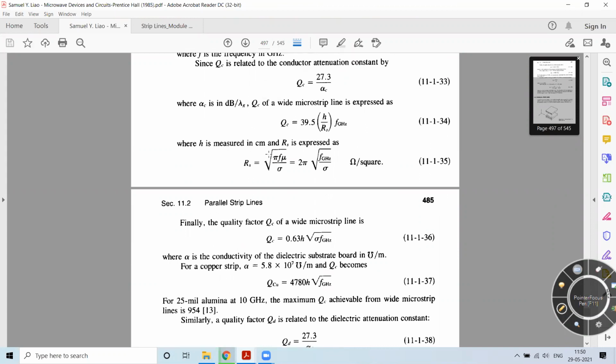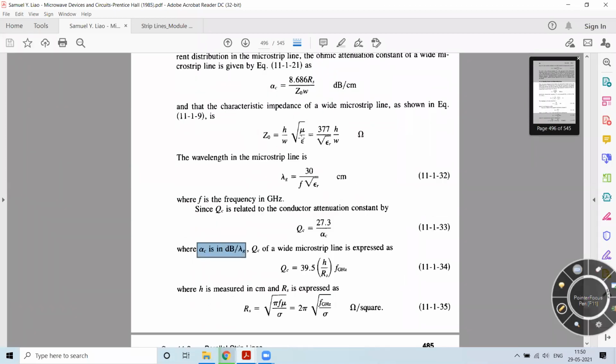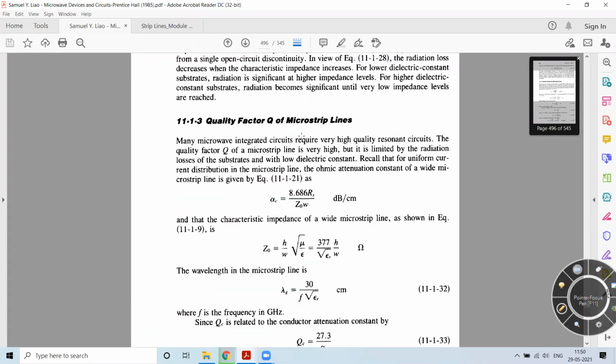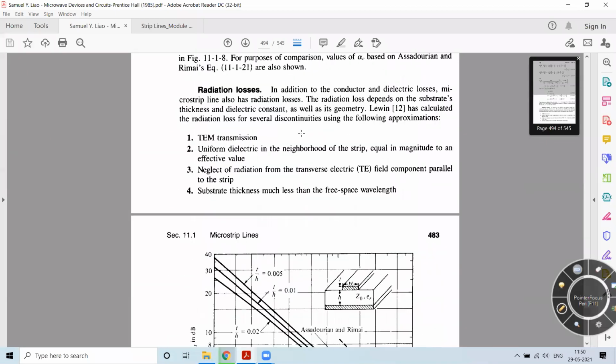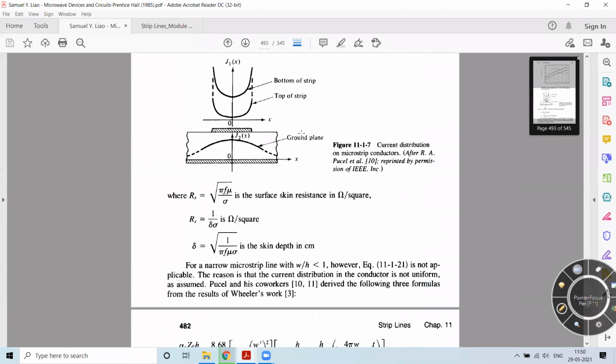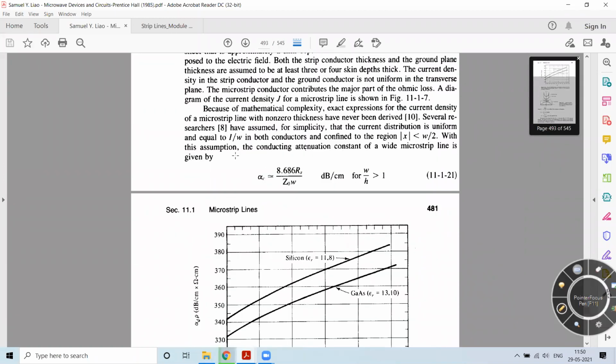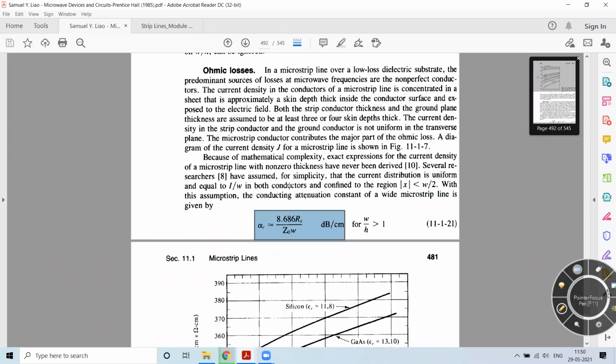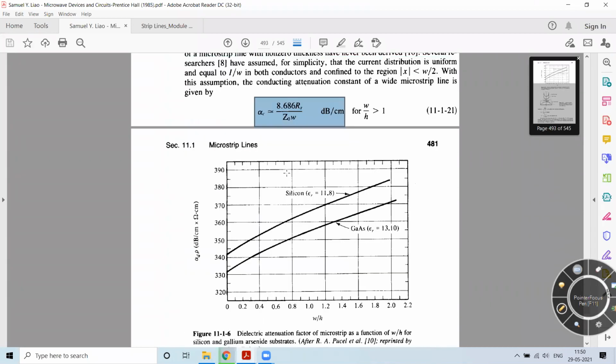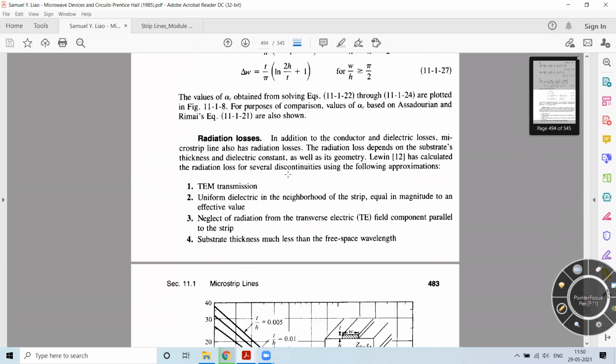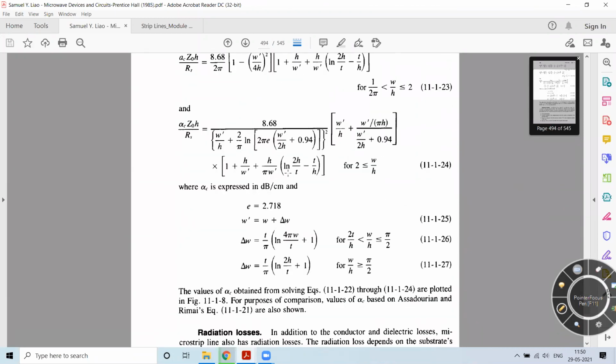Based on those specifications, you can see that alpha C, if it is specified in dB per wavelength, then what was the equation? If you just observe the previous case, it isn't specified over there.